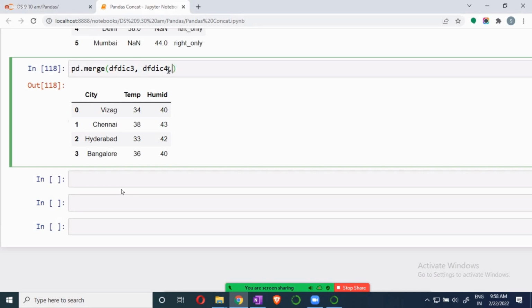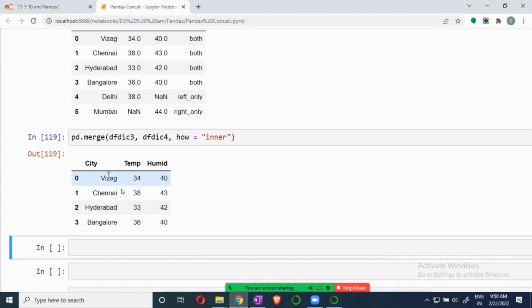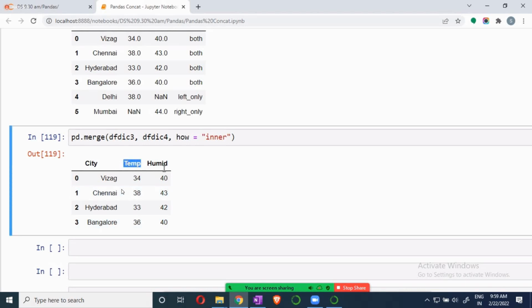Inner means intersection, guys. Intersection, that is, on the basis of common values. What are those? Vizag, Chennai and Hyderabad, which have the temperature as well as humidity, both, then that one will be considered over here.